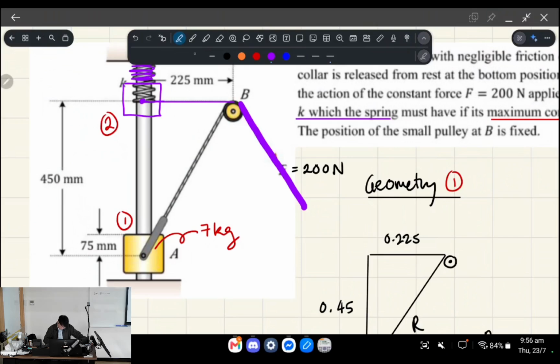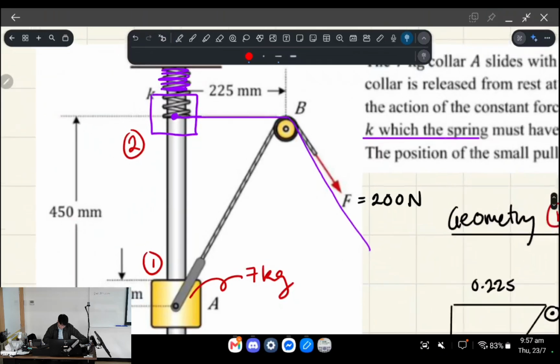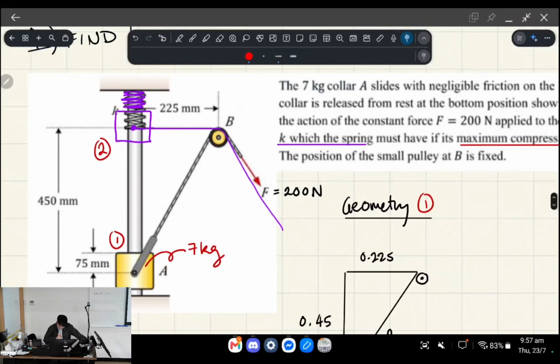So how are we going to measure how much the rope has moved from the end, from state of energy 1 to state of energy 2? The answer is by taking the difference between what the rope was measured at between A to B and what the rope is measured at between A to B in state 2. So comparing state 1 to state 2. What you can see is the amount that the rope shrinks.